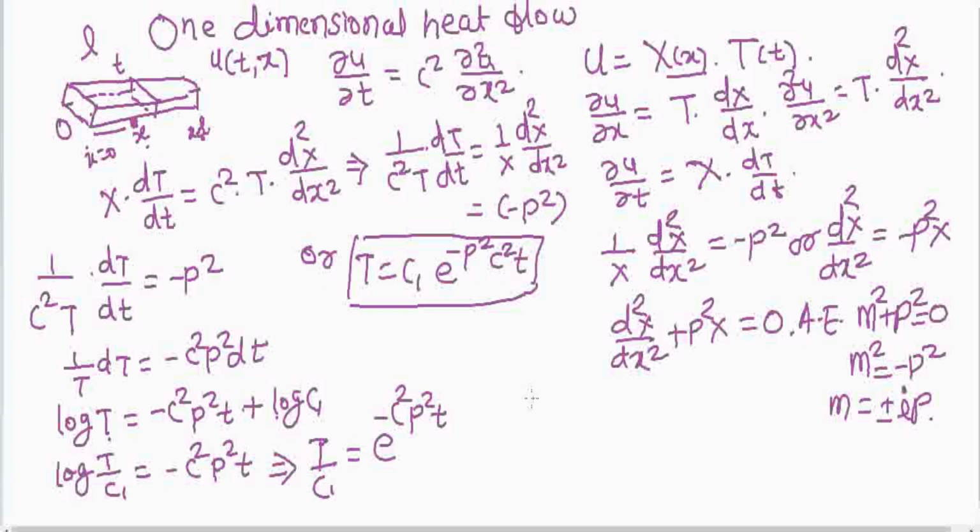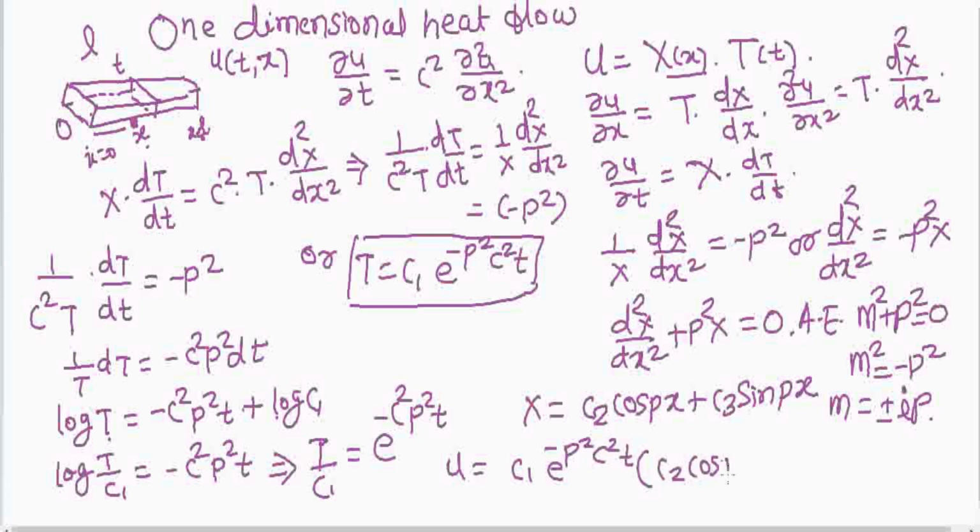That will be X equal to c2 into cos of px plus c3 into sine of px. Then u equal to c1 into e raised to minus p square c square t into c2 into cos of px plus c3 into sine of px. This is the solution of this one dimensional heat flow equation.